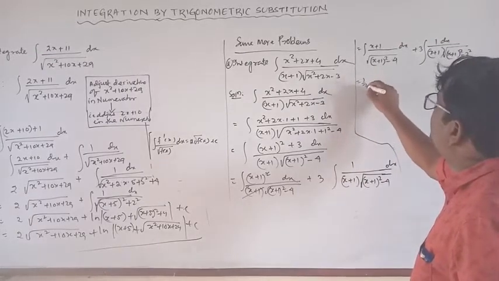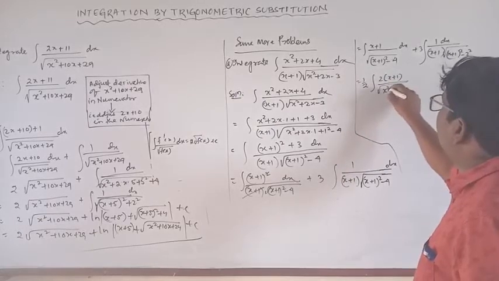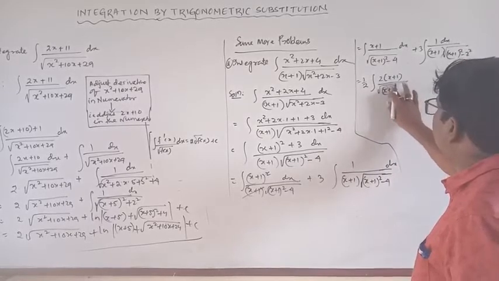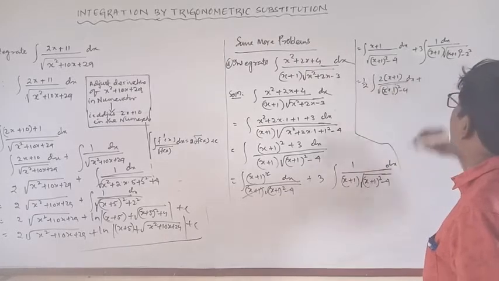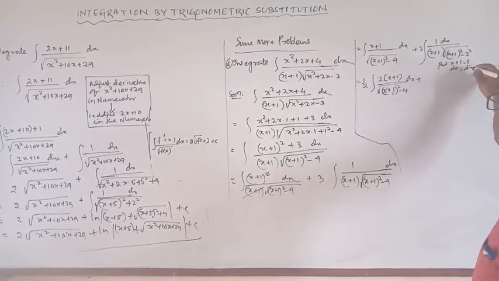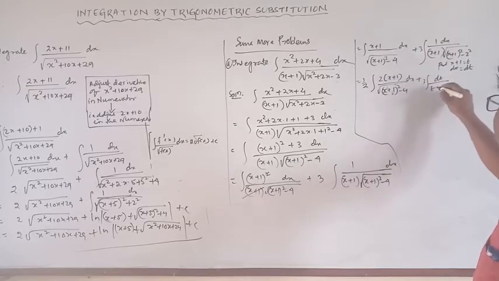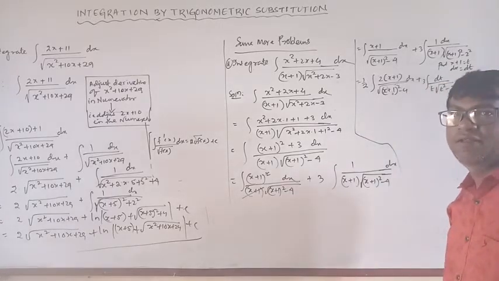So here 1 by 2 into 2 root over 2 of x plus 1 divided by (x plus 1) whole square minus 4 dx, and this is what? Put x plus 1 is equal to t, dx is equal to dt. So 3 into dt by t square minus 2 square, and this is what formula?